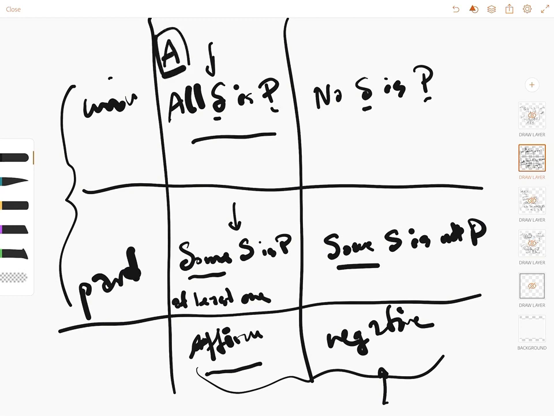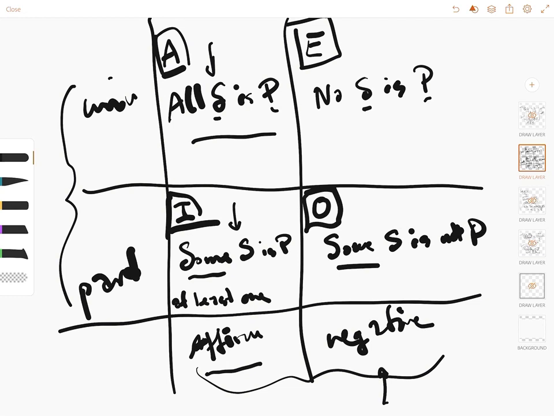The universal negative we nickname E. Particular affirmative we call an I. And particular negative we call an O. Again, we'll talk more about why that is, but it all has to do with the way the medieval logicians elaborated and systematized Aristotle's original version of categorical logic.